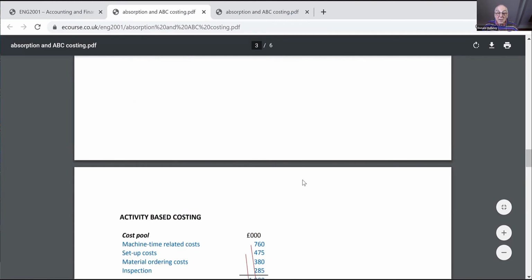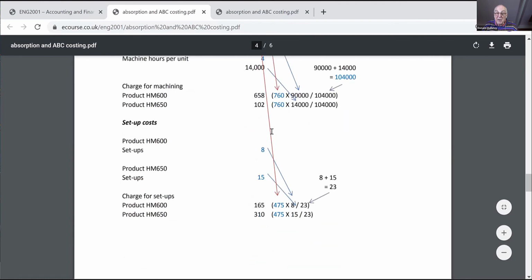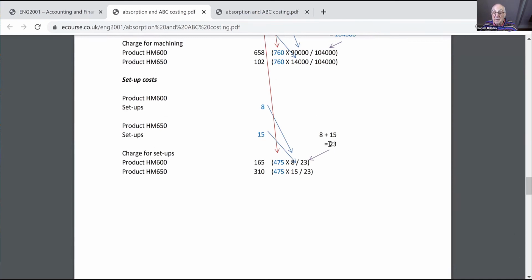We go back to the cost pool, and the costs of administering the setups is going to be 475. And so we just apportion that 8 23rds to product HM 600 and 15 23rds to product HM 650. And that comes out at 165 and 310.